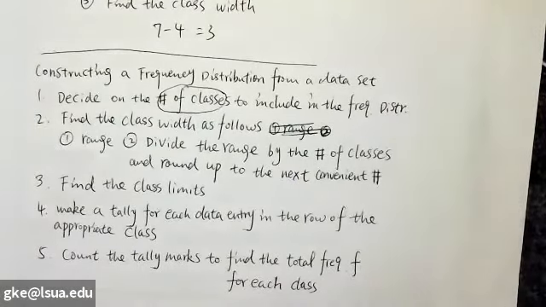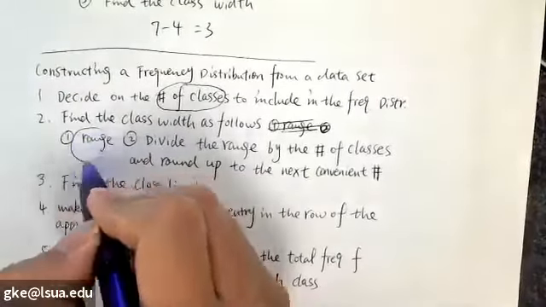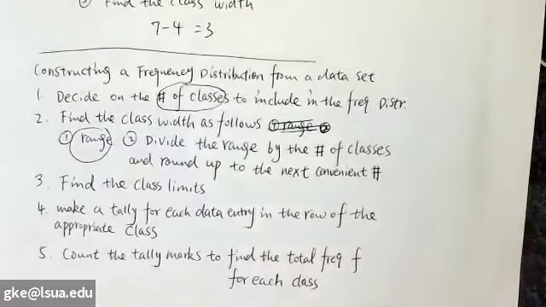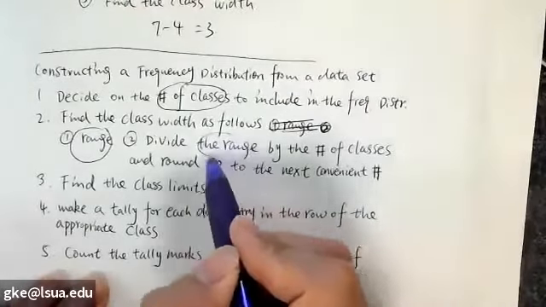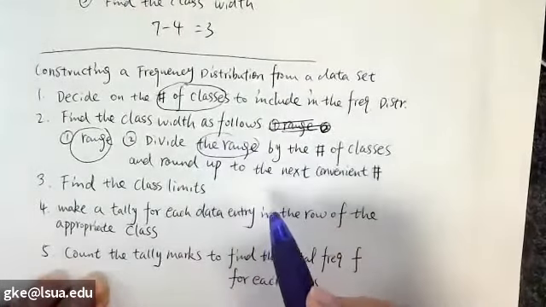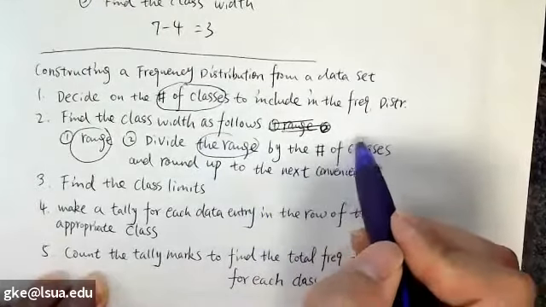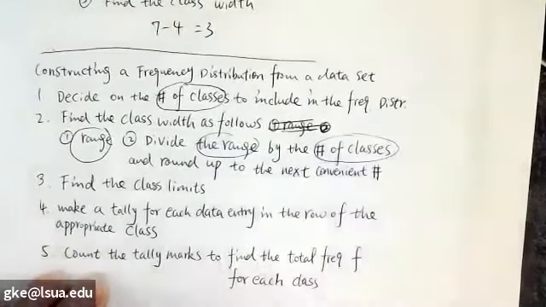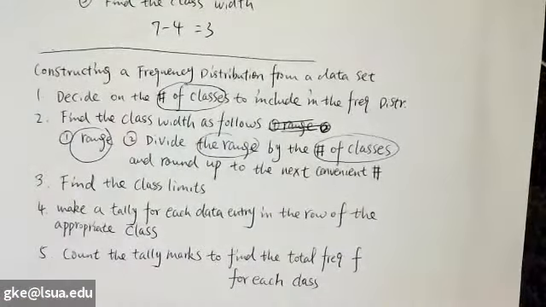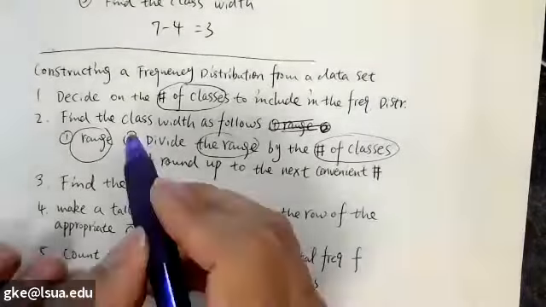After you get the number of classes, you have the whole data set. What you can do is find the range, and let the range be divided by the number of classes. That is what the class width is.